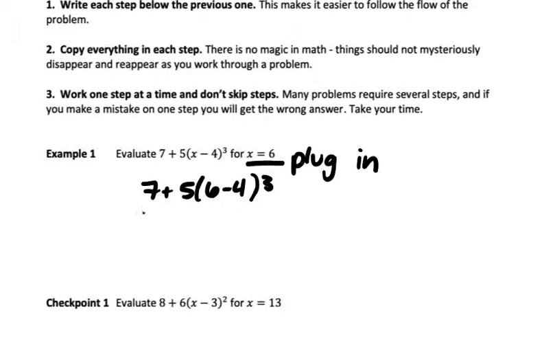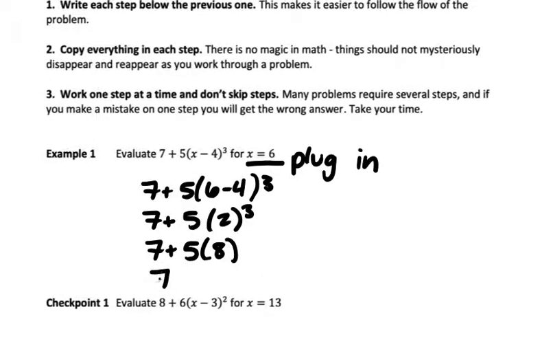We do the parentheses first, so 6 minus 4 is 2, and then we do 2 to the third before multiplying by 5. 2 to the third is 8, and then we multiply before adding, so 5 times 8 is 40, and that gives us 7 plus 40, which gives us an answer of 47.